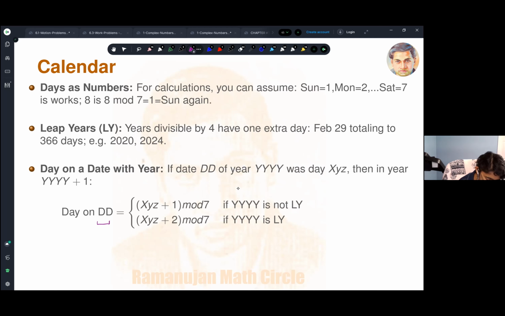So what that means is that the same date in the next year will be like adding 1. The day will shift by 1.